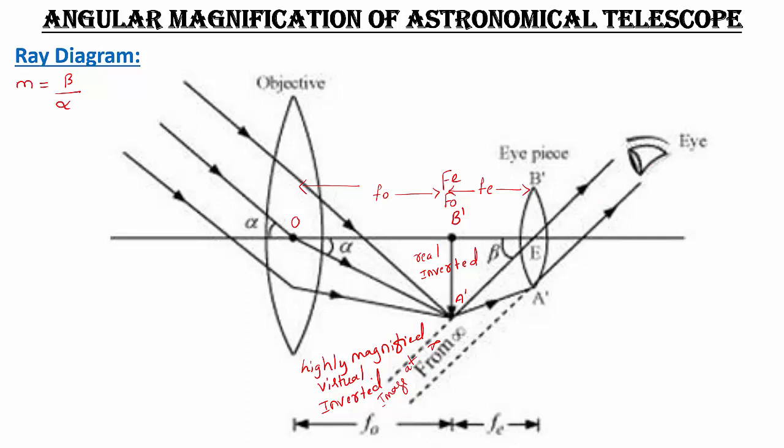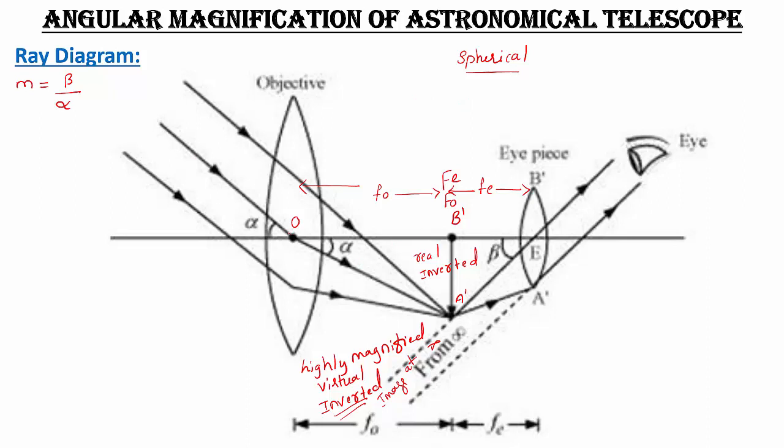This image is also inverted, that means the image is exactly in the opposite direction to the object. But there is not much difference, because this astronomical telescope is used to see heavenly bodies which are usually spherical. That's why when the image is inverted, there is not much difference between object and image.